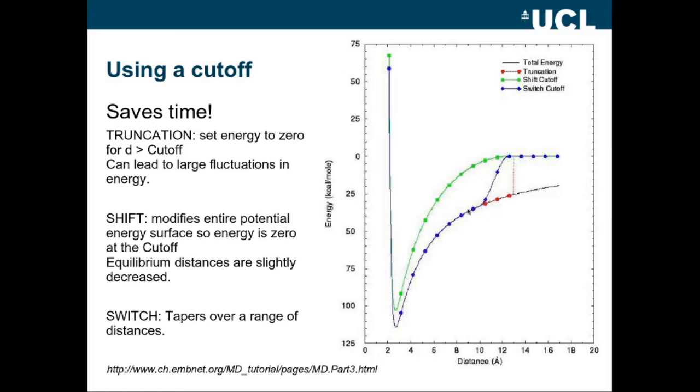So that means that we're getting a gradual transition between this curve, the correct curve, the black curve, and this one where we're not bothering to do any calculations anymore.